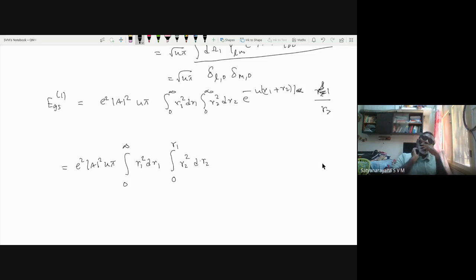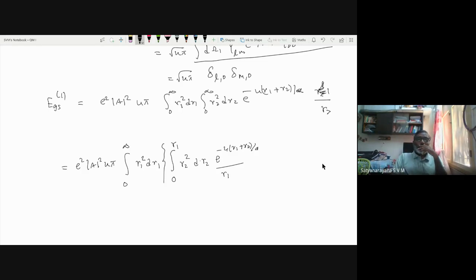Now 0 to R1, if I write, what will be R2? R2 will be smaller than R1, right? In that case, what will be R greater? It should be R1, correct? So that is e to the minus 4(R1 plus R2)/A divided by R1. This is one integral.